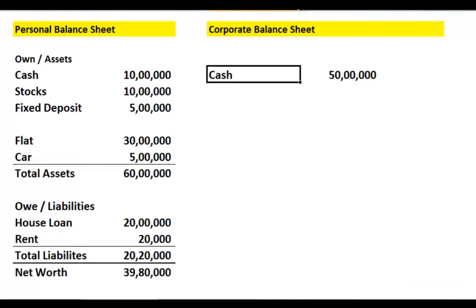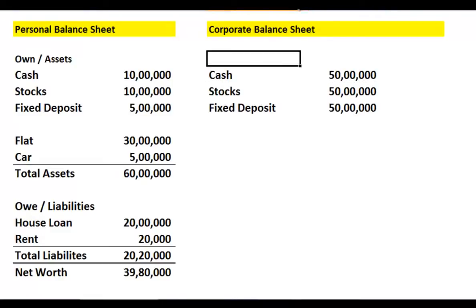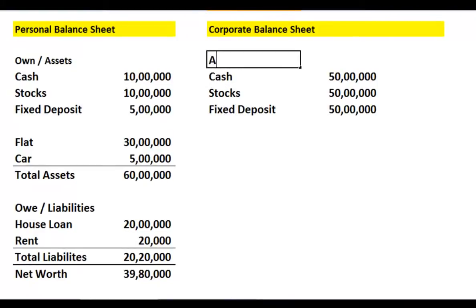So a company has 50 lakhs in its bank account. A company will not keep all its money in cash in a bank. A company will actually also invest its money into fixed deposits and stocks and things like that. A company has another 50 lakhs in stocks and another 50 lakhs in fixed deposit. And then we also saw this was called assets.